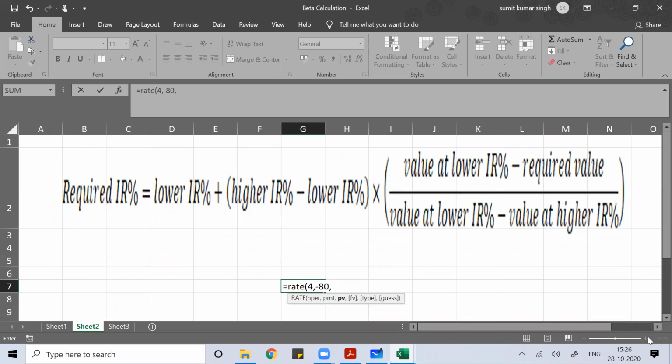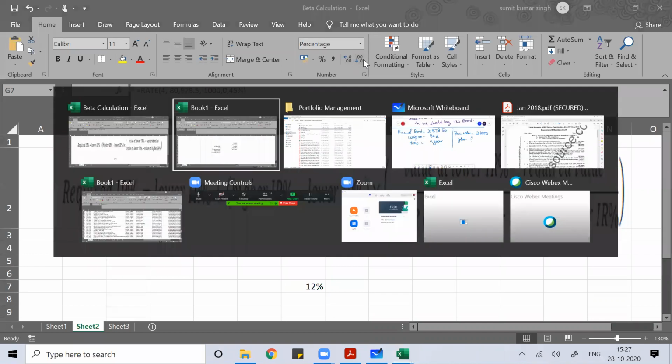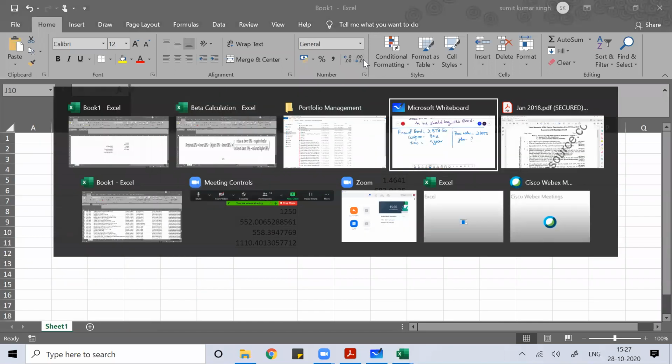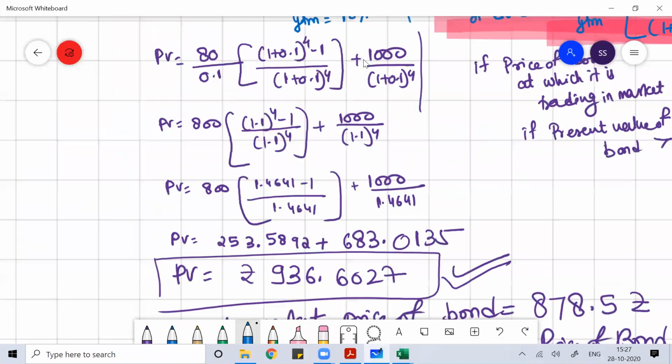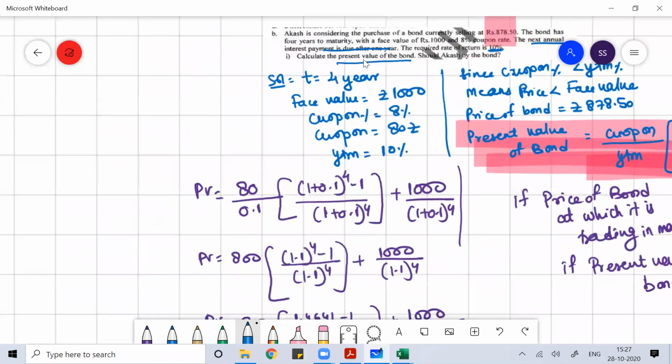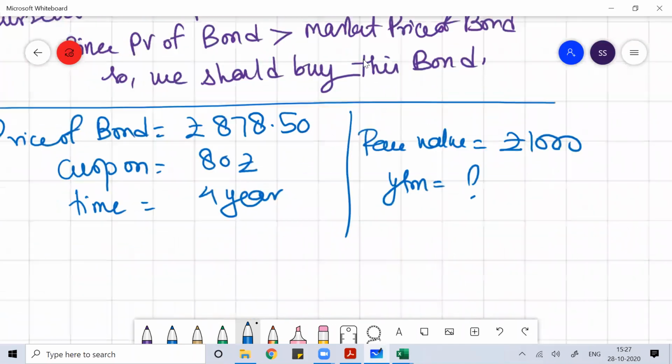PV means the price, that is 878.5. FV means 1000, the face value. Type is 0, and for guess, any guess you can put, it doesn't matter. So the answer is 12%.